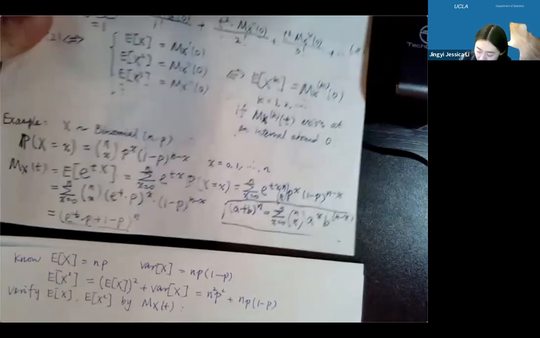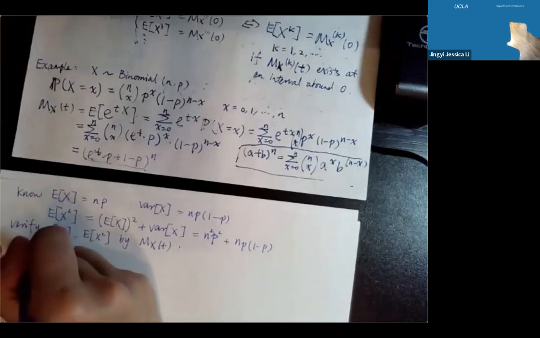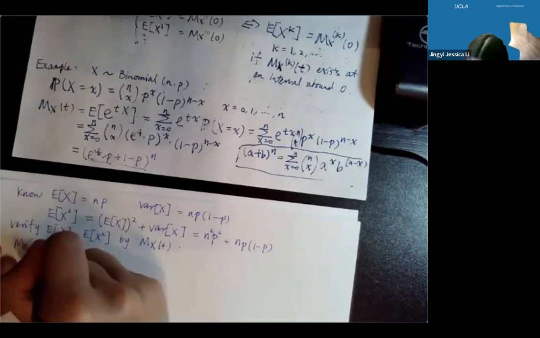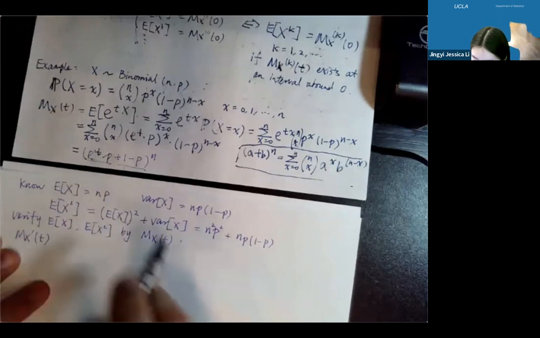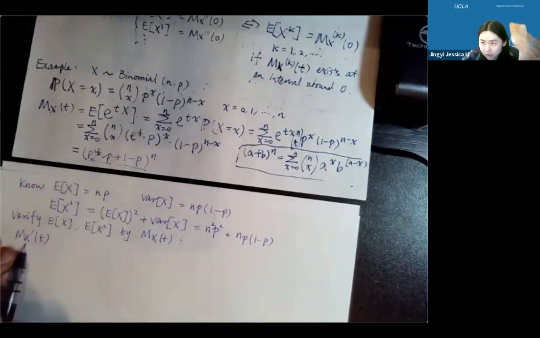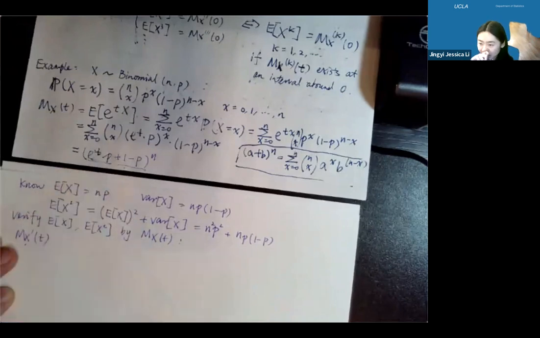Let's take the first derivative of the MGF with respect to t. Since t is inside, we will use the chain rule from calculus.